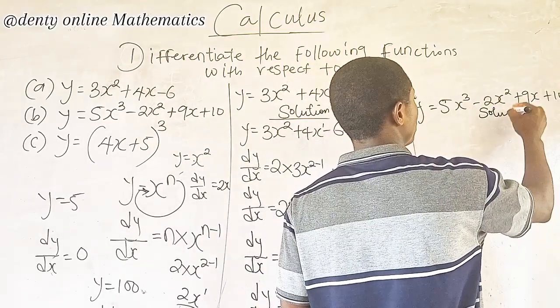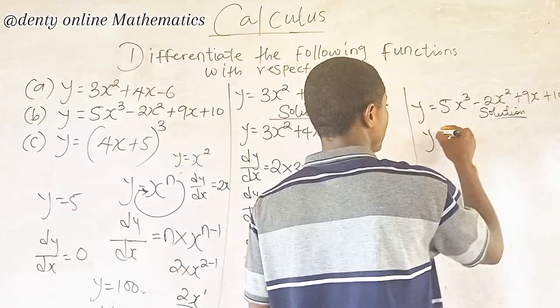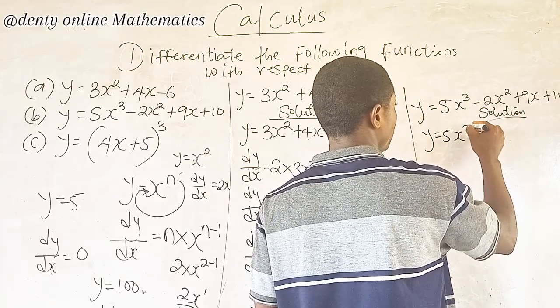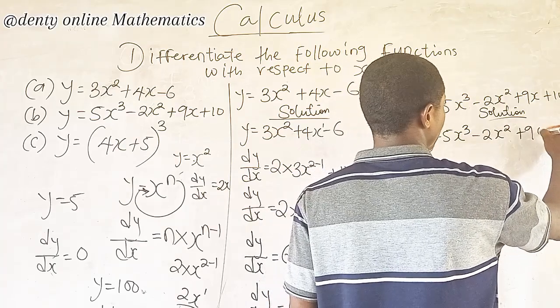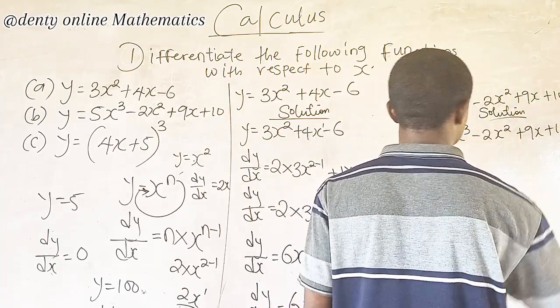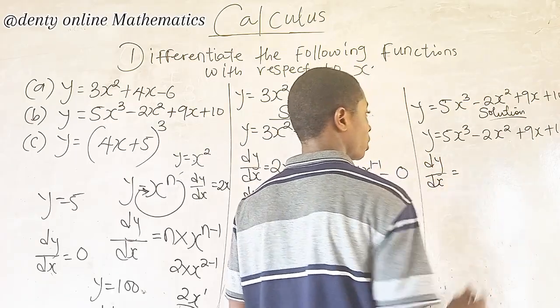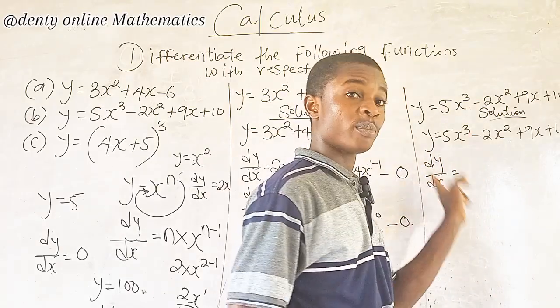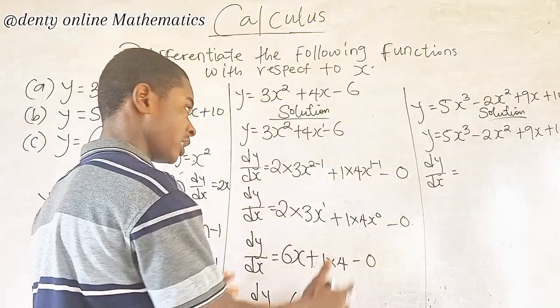This is just the solution to this. We have y equal to 5x raised to the power of 3 minus 2x raised to the power of 2 plus 9x plus 10. Now my dy over my dx will be equal to, this power will multiply the base just as usual, just as we were doing in this previous example.